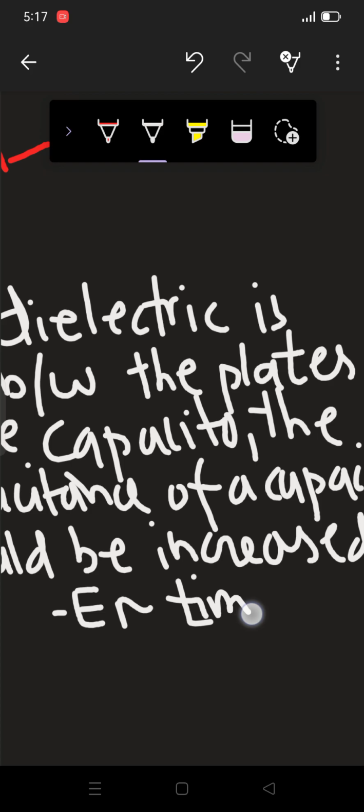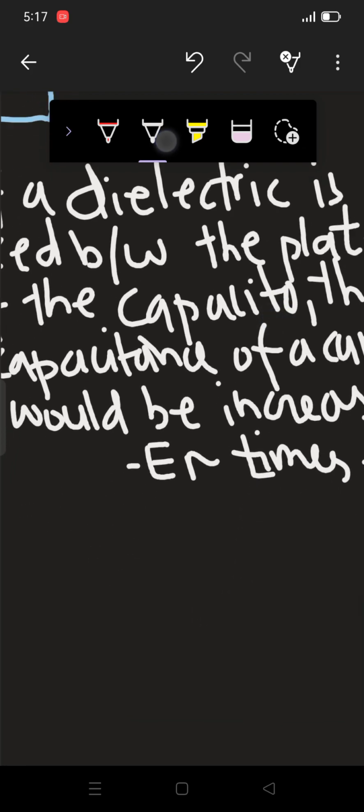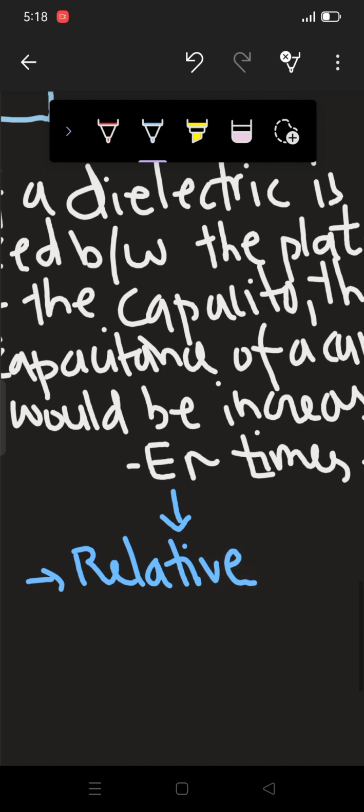ER times. ER is nothing but the relative permittivity, whose value is always greater than 1, right? Relative permittivity.